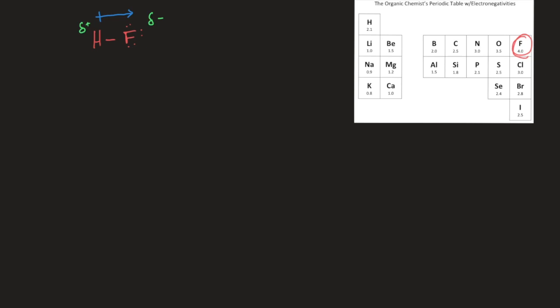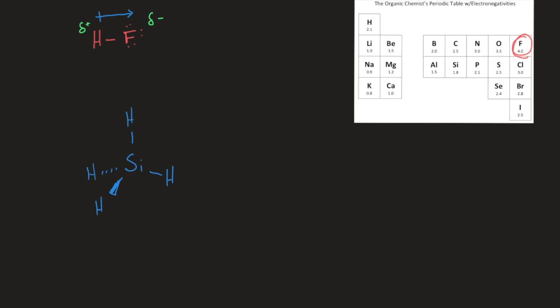If we look at SiH4, that Lewis structure looks something like this. And silicon is right below carbon, and we know that the carbon-hydrogen bond is nonpolar, and so we're going to assume that the silicon-hydrogen bond is also nonpolar.